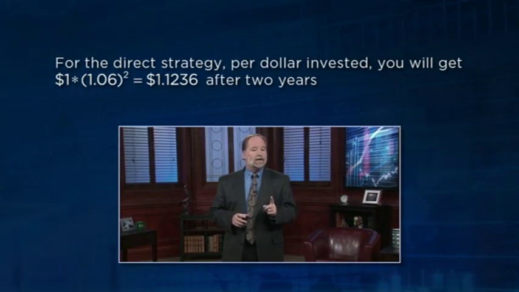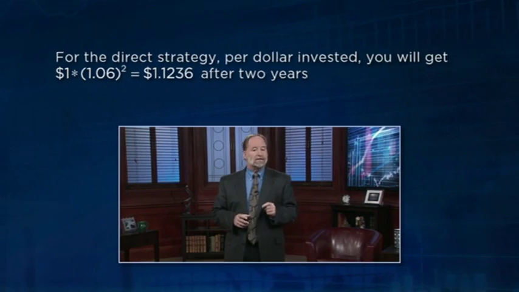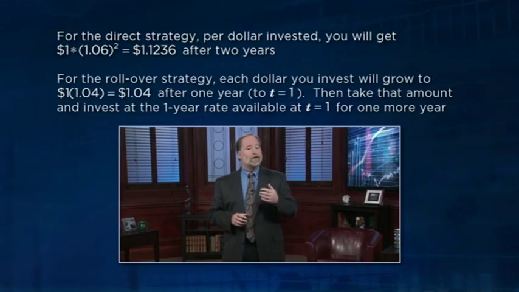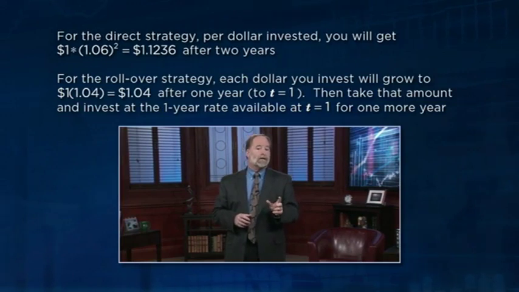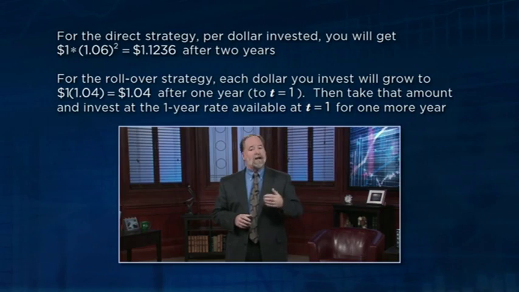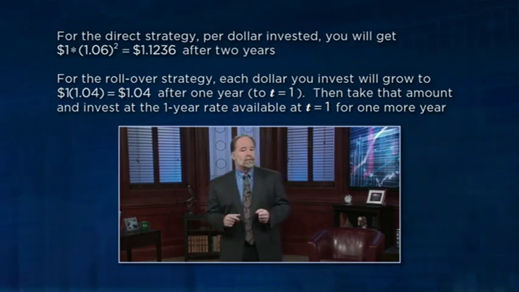That equals $1.1236 after 2 years. If you do the rollover strategy, each dollar you invest will grow to $1 times 1.04 equals $1.04 after 1 year at t equals 1. Then if you take that amount and invest it at the 1-year rate available at t equals 1 for 1 more year, what are you going to get?